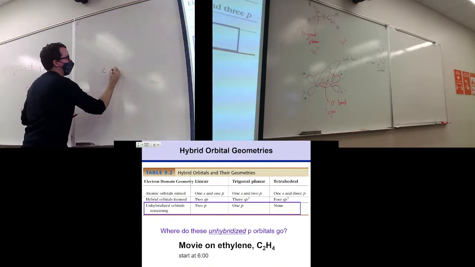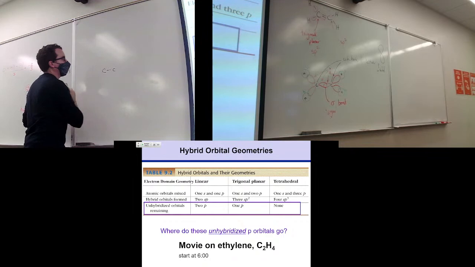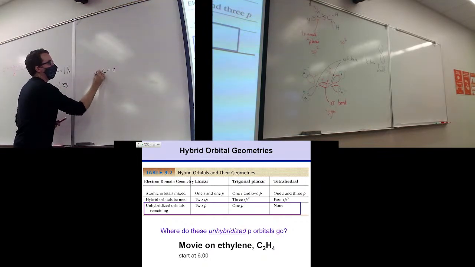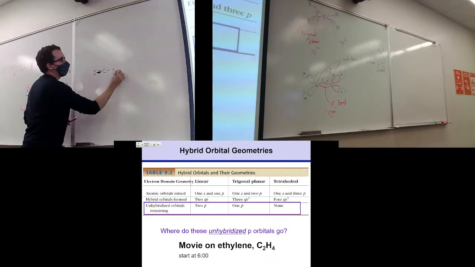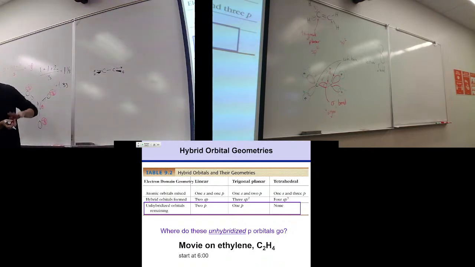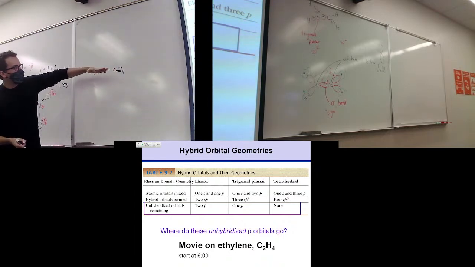I'm going to just draw the bond here like that. The hydrogens are kind of like that. So now I've turned that molecule sideways like that.